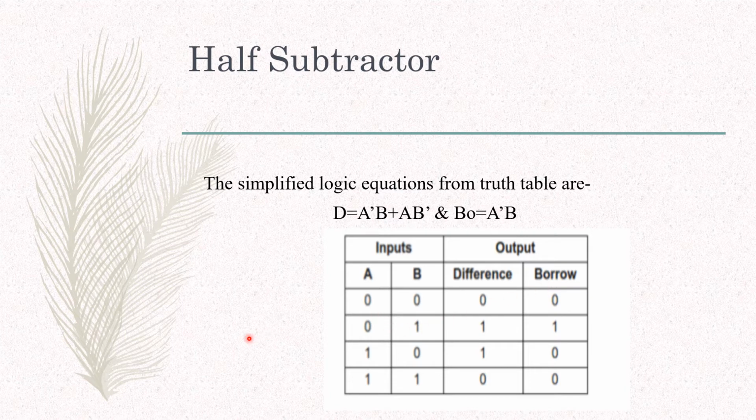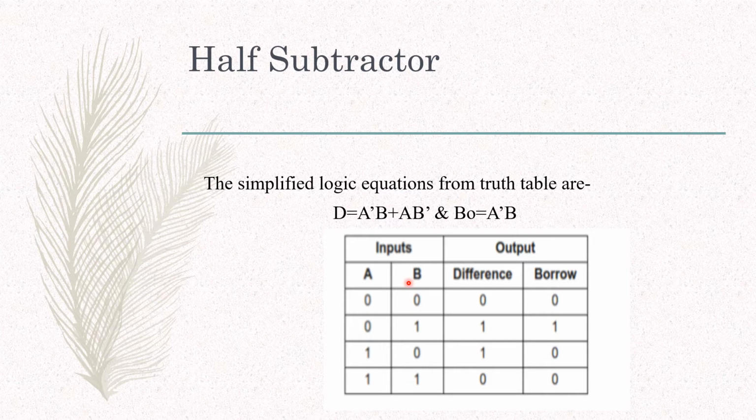The expression for borrow in the case of a half subtractor is the same as the carry of the half adder. However, in the case of borrow output, the minuend is complemented and then ANDing is done. A half subtractor is a combinational logic circuit that subtracts one bit from another.